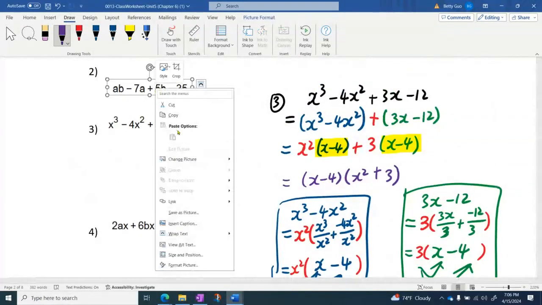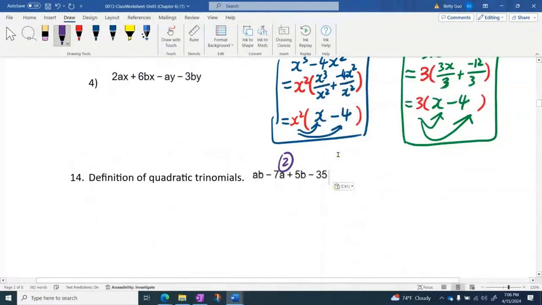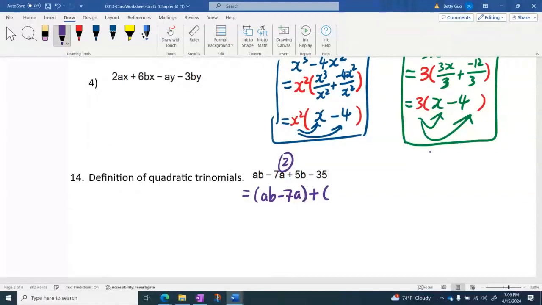Let me copy paste. I'll work here. So we're going to have AB minus 7A as the first group, 5B minus 35 as the second group.